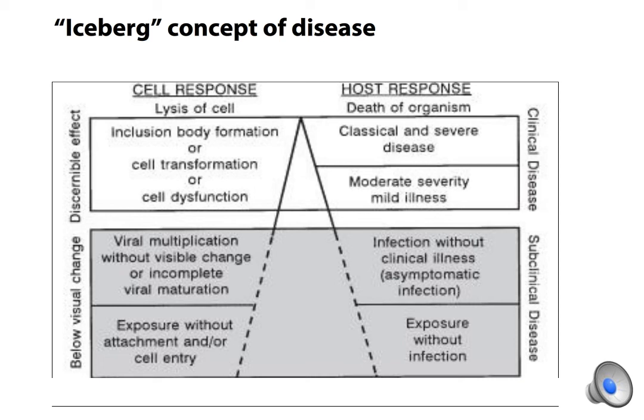And then you get a moderate severity or a mild illness, and you can get a severe disease with death of organisms. So for something like influenza or dengue fever, there are huge numbers of people that have mild or no obvious infections, and then a small number of people at that very top of that iceberg who have either severe or fatal infections.